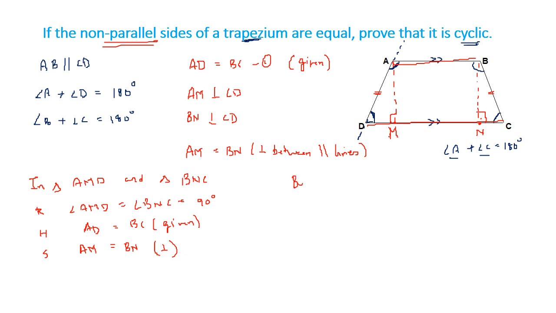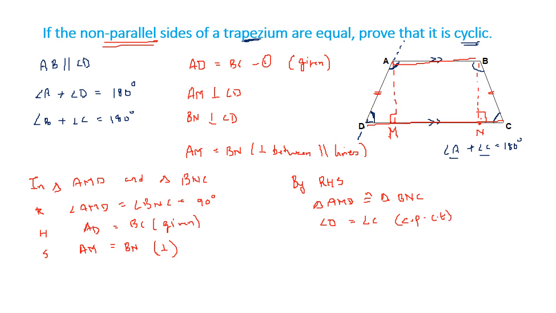So by RHS we have triangle AMD congruent to triangle BNC, and because the triangles are congruent, angle D equal to angle C by CPCT.